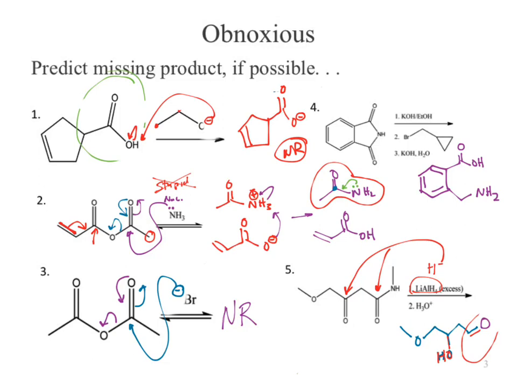It'll react again. We have a polar pi bond. What reacts with lithium aluminum hydride? Polar pi bonds. The result is we'll end up reducing that fully down to the amine. The oxygen gets kicked out, not the nitrogen, because the oxygen is a better leaving group than the nitrogen.